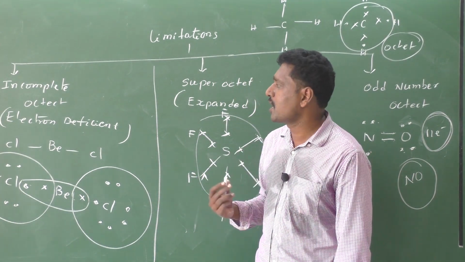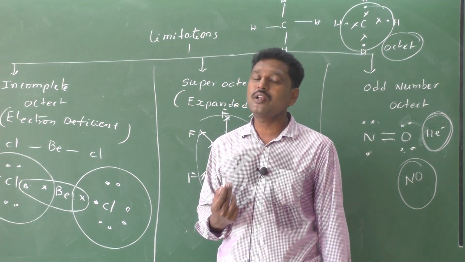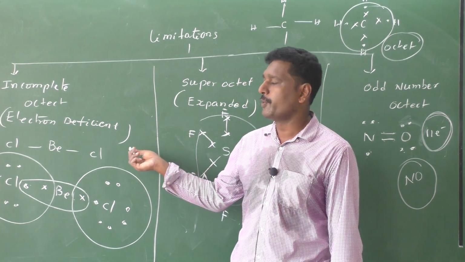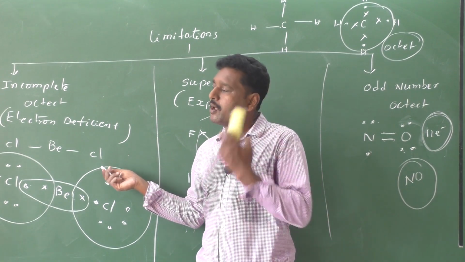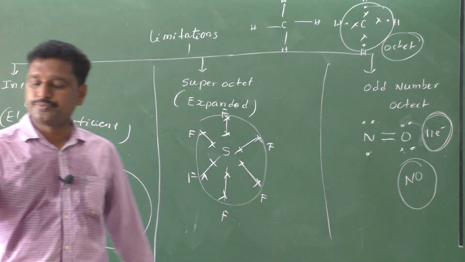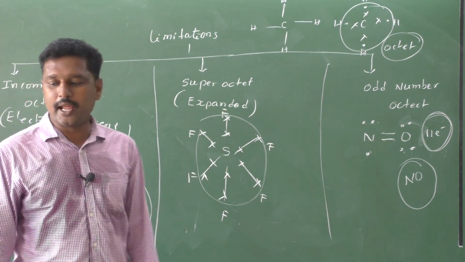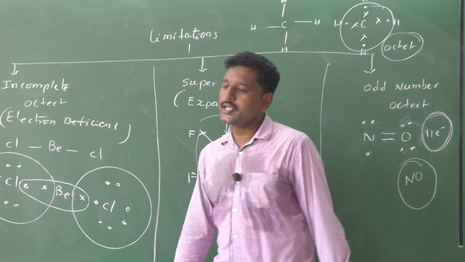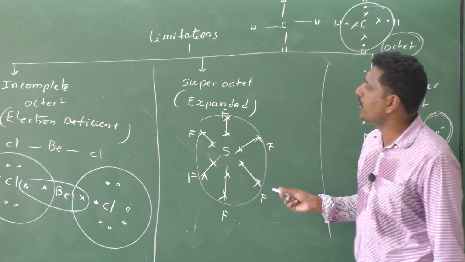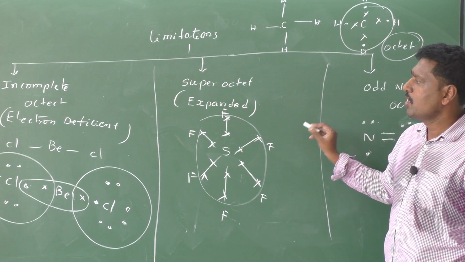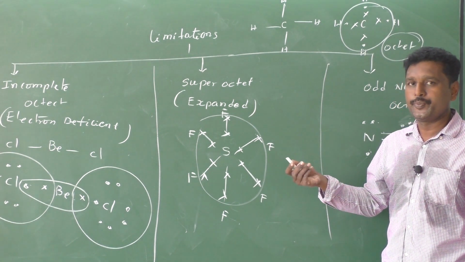Those molecules are also called electron deficient molecules. Best examples are BeCl2, BCl3, LiCl and BH3. I will give an example for this also. After that, super octet, which is also called expanded octet.